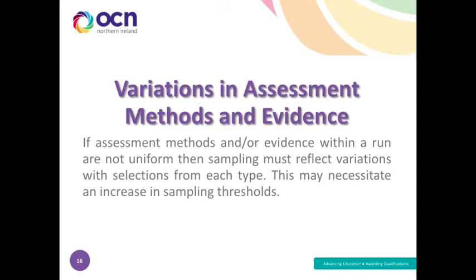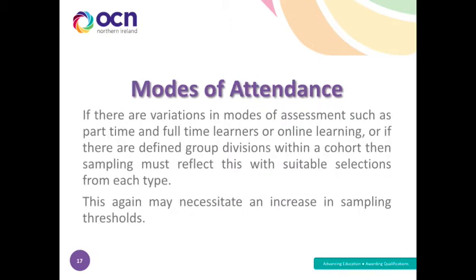It could be what you do within your centre. So we need to ensure that the different types of assessment or methods of assessment or evidence that are being conducted within one run within your centre are duly considered. If there are variations in modes of assessment, such as part-time or full-time learners or online learning, or if there are other defined group divisions within a cohort, then sampling must reflect this with suitable selections from each type.